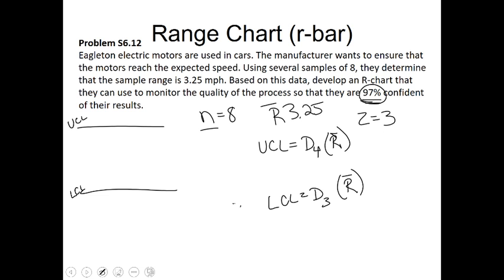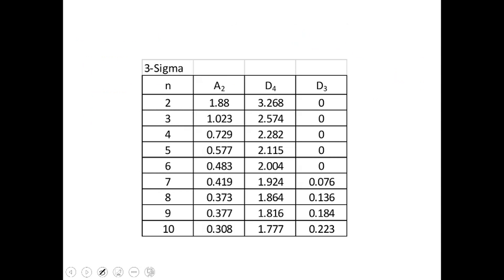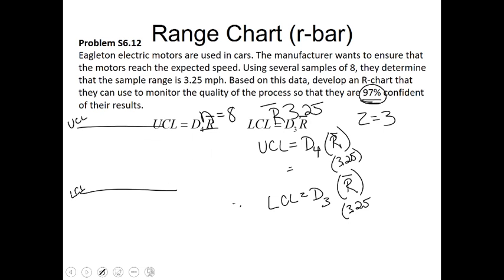So we know what R bar is. It's 3.25, so we can substitute that in. And all I need to do is go to my table and get my D4 value. My D4 value for a sample size of 8 is 1.864, and my D3 value is 0.136. So I'm going to take these two values back to my formula and substitute them in, along with R bar of 3.25.